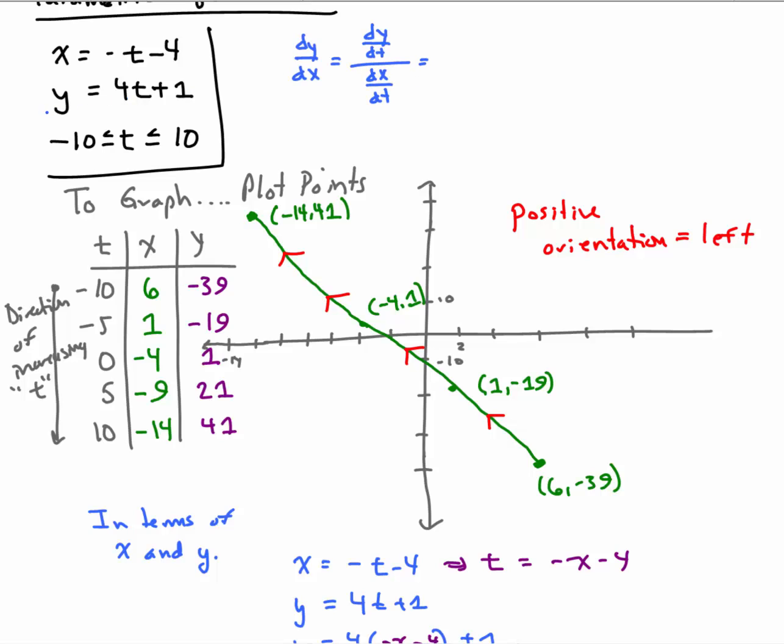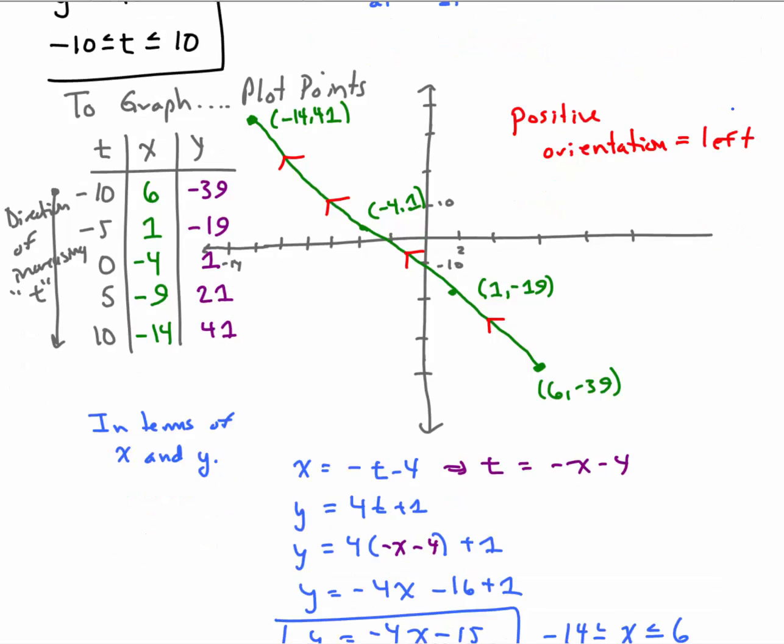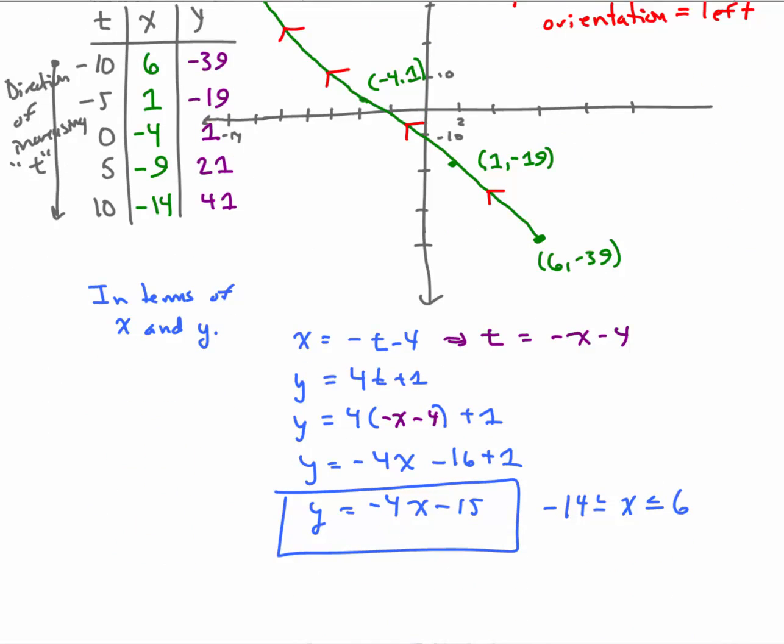So y is equal to 4t plus 1, so that would be the derivative with respect to t of 4t plus 1 over the derivative with respect to t of my x equation, which is negative t minus 4. So the derivative of 4t plus 1 is 4. The derivative of negative t minus 4 is negative 1. So that tells me then that my slope, or my derivative, however we want to interpret that, is equal to negative 4. And that matches this information perfectly down here, negative 4 as well.